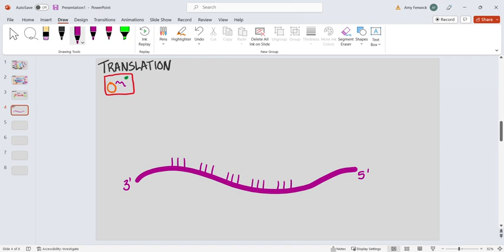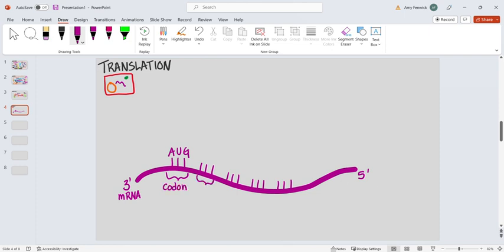Now, you can always tell where the start of translation is because the first sequence of 3 nucleotides on an mRNA is always AUG. In fact, a sequence of 3 nucleotides on mRNA is called a codon.